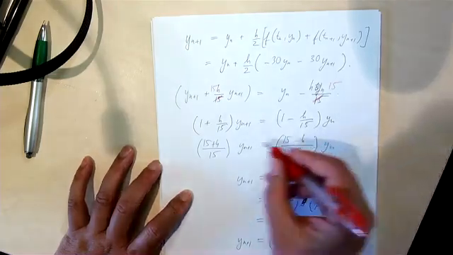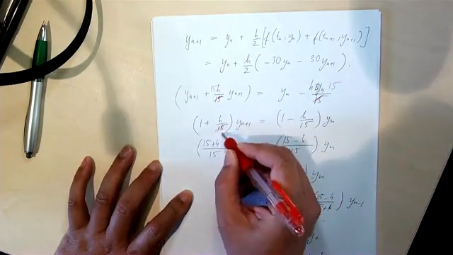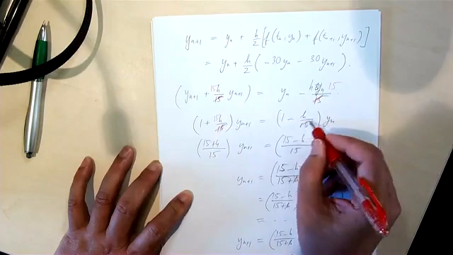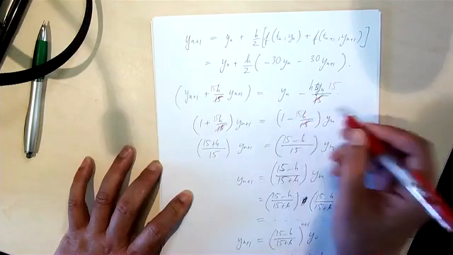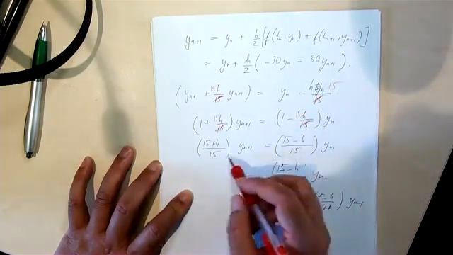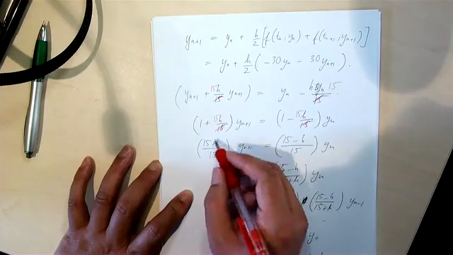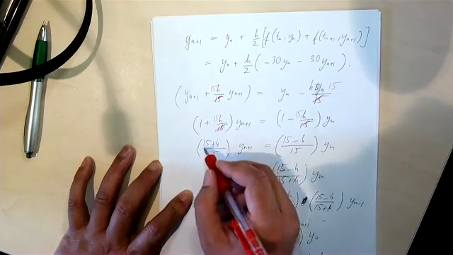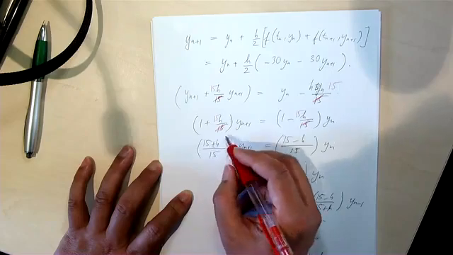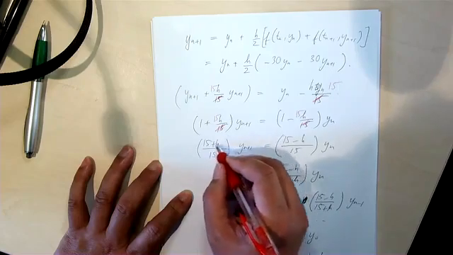Yeah, so this one should be 15, and then you have 15h plus 1. Anyway, you got the idea, right? So 15h plus 1, yeah?